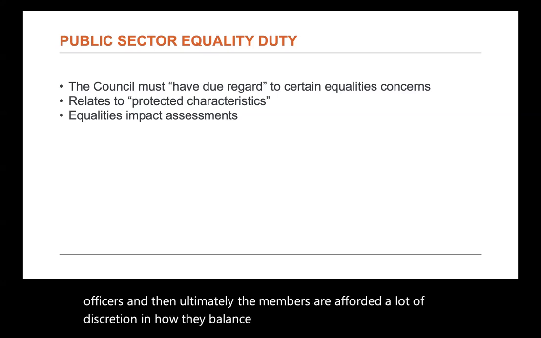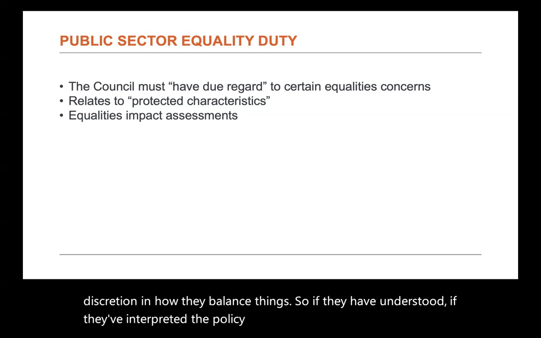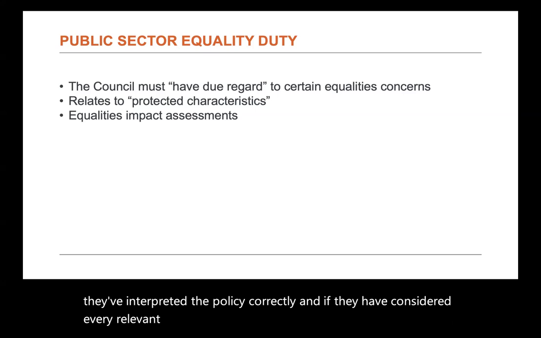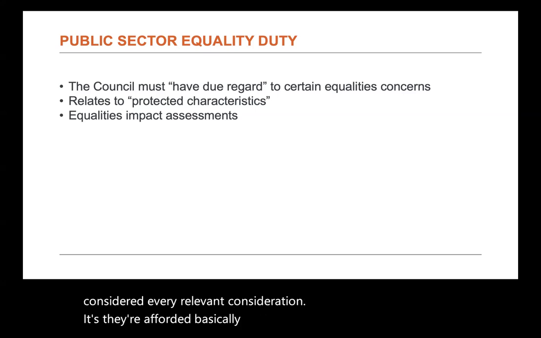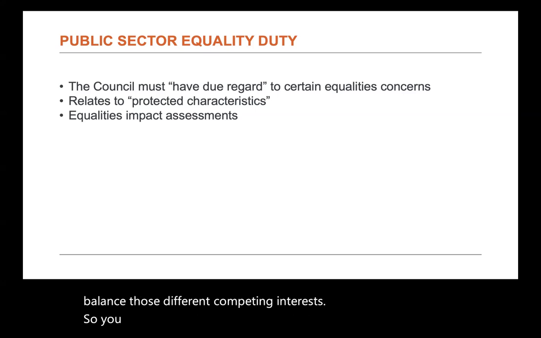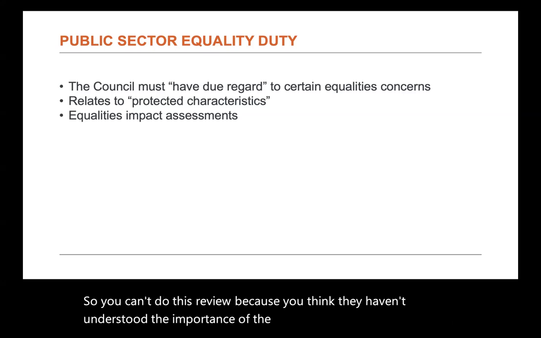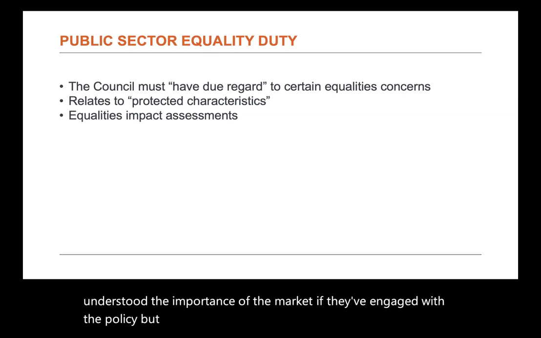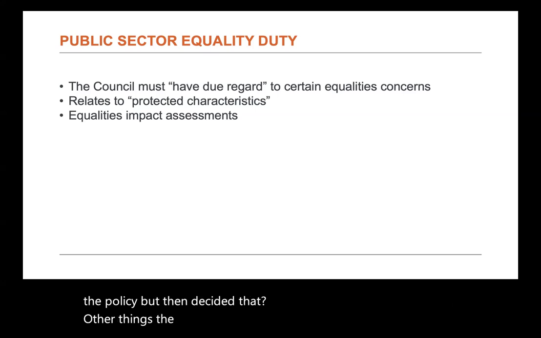So if they have interpreted the policy correctly, and if they have considered every relevant consideration, they're afforded basically complete discretion in how to balance those different competing interests. So you can't judicial review because you think they haven't understood the importance of the market if they've engaged with the policy, but then decided that the benefits outweigh that harm. So judicial review is very limited in scope.